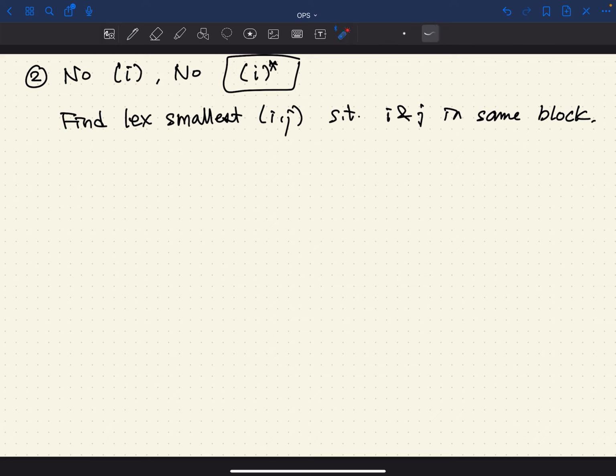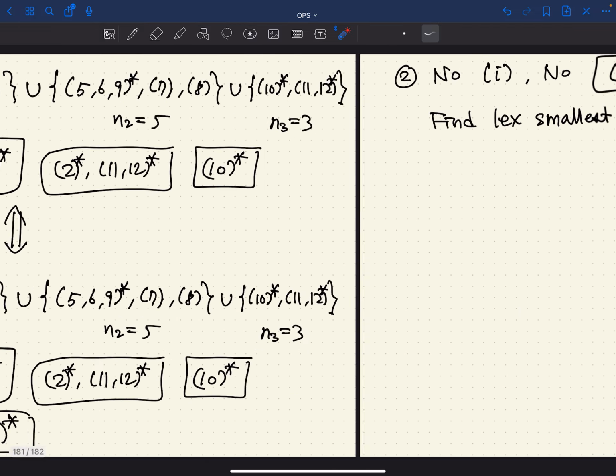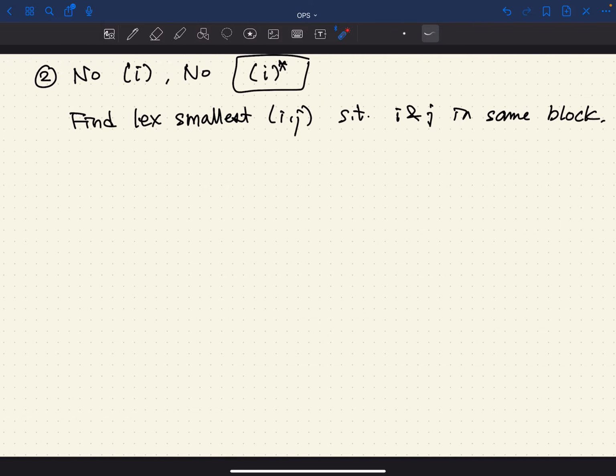Okay, let's see. Suppose the same block. Did I define a sign fixed point? Probably not. Okay, let me think about it a little bit.